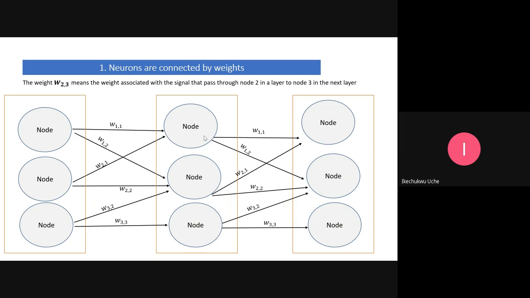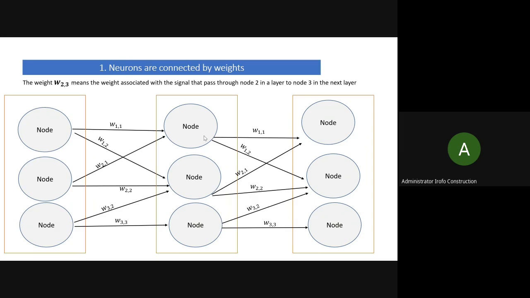I mean W with one two. Yeah, W12. It's going from node one in layer one to node two in layer two. Yeah, that's true.